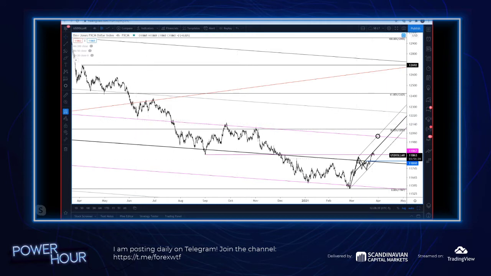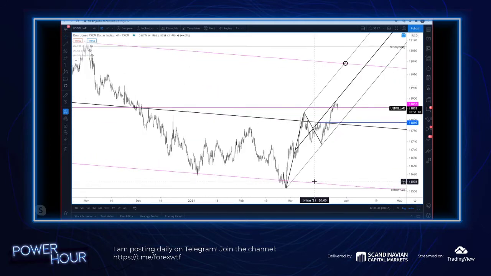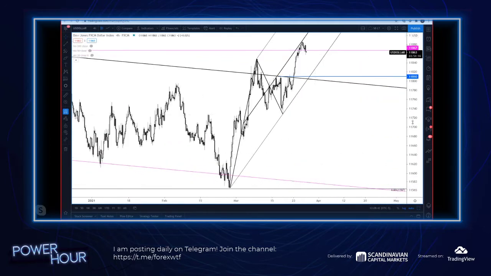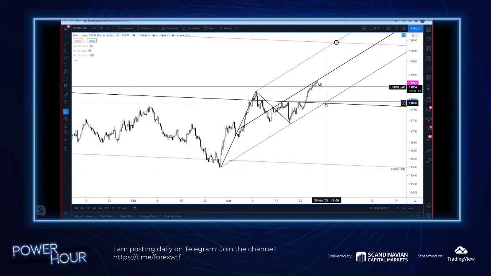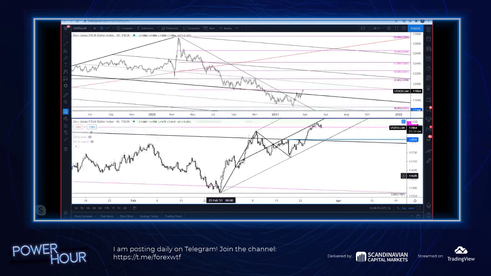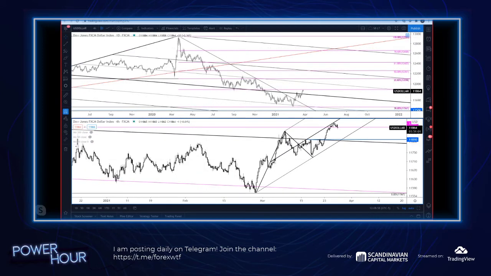So again, those are the key levels. Essentially, if you're sitting at home right now or in your office, your levels to watch here are 118.10 or so, and 120.30.